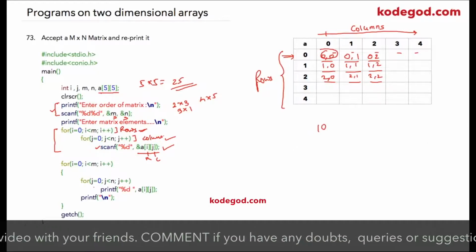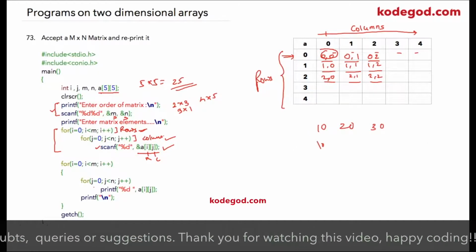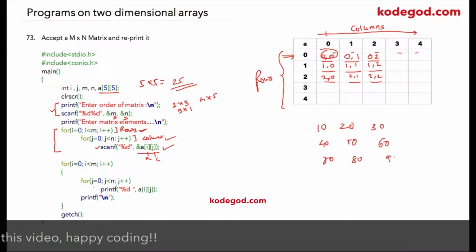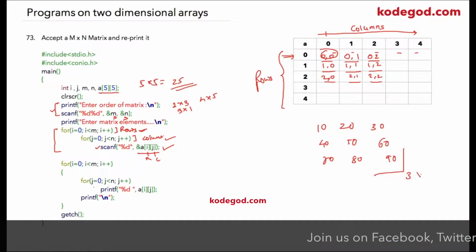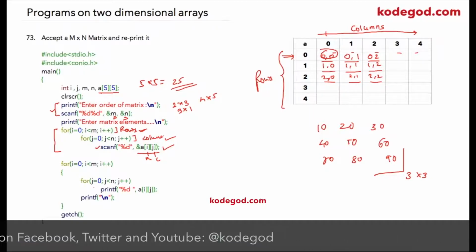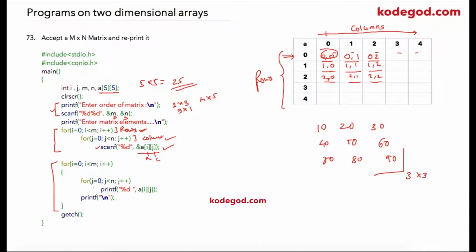So suppose the user has entered 10, 20, 30, 40, 50, 60, 70, 80 and 90. So this is my 3 by 3 matrix, and then in order to print the matrix again, we need a similar for loop. So here's the loop for rows, here's the loop for columns, and we're simply going to print a of ij so that each element in this sequence 1, 2, 3, 4, 5, 6, 7, 8, 9 will be printed.